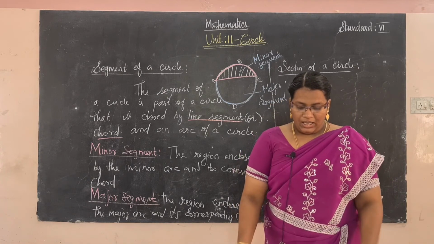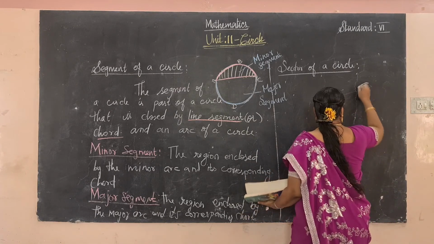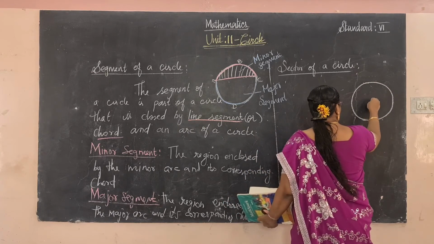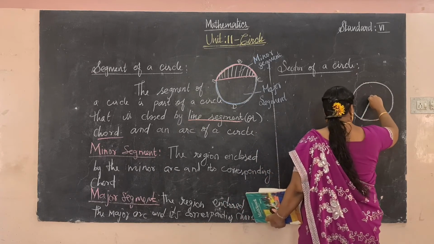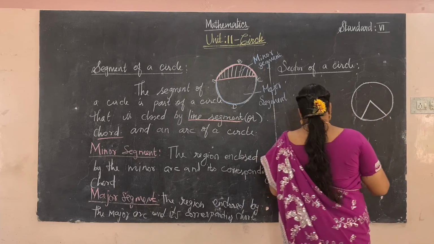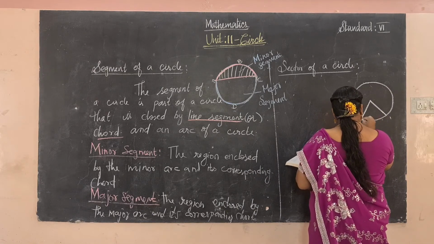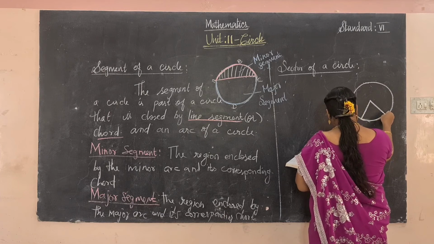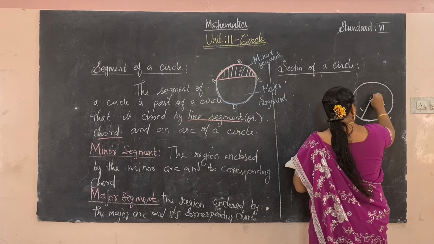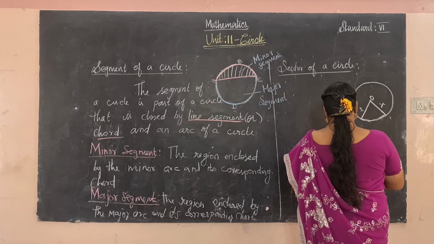It's also a region enclosed by an arc and a pair of radii. This is also a radius, this is also a radius, and this is the center of the circle. So that is called the sector of the circle.